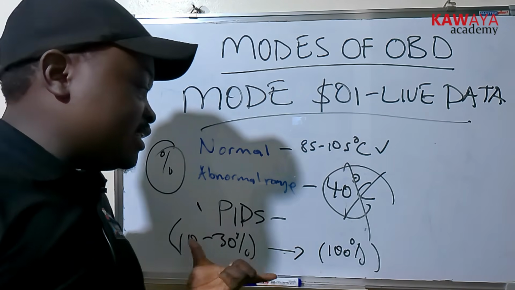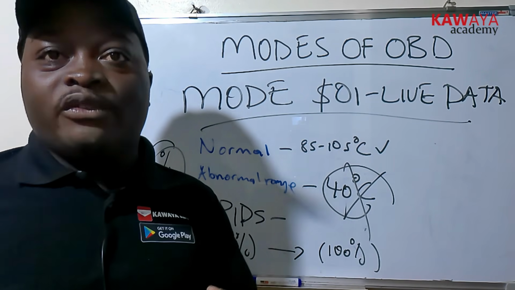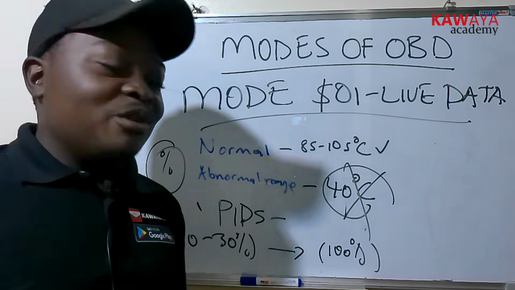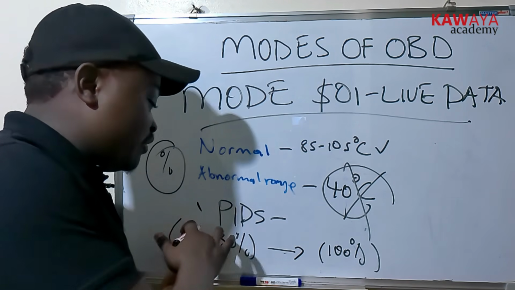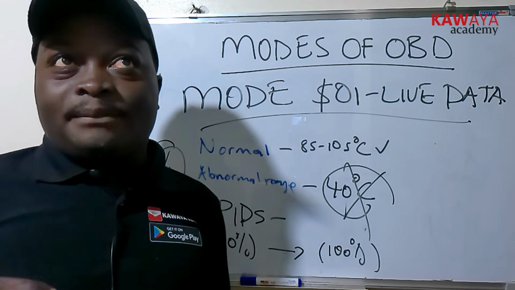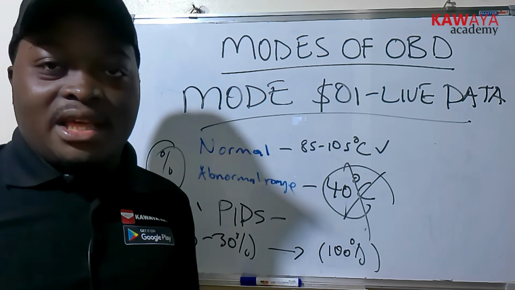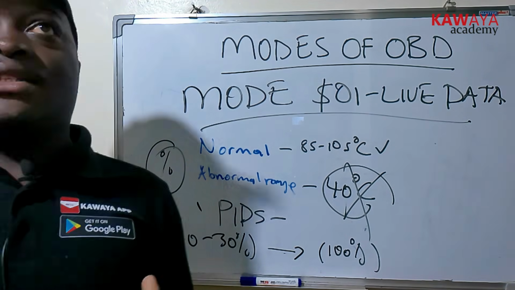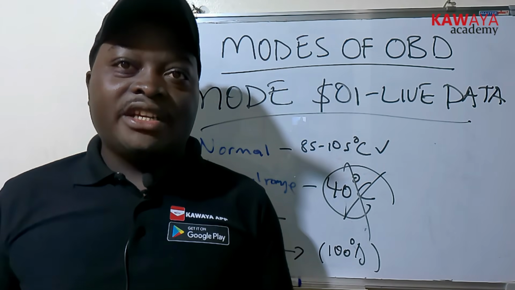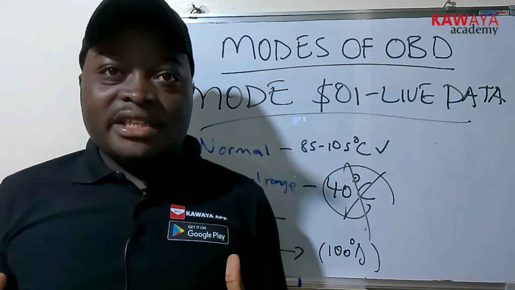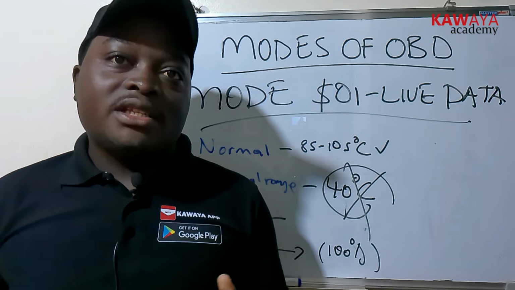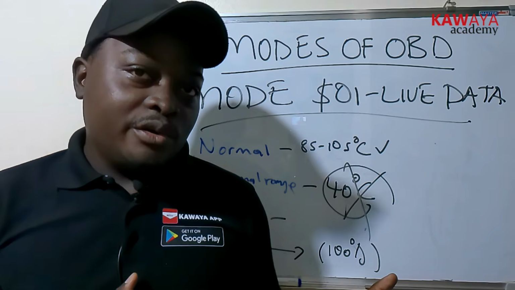So all this is monitoring, meaning if you're giving 100% throttle and you're observing an engine load of 10, 20, that means there's something wrong. This is how live data helps in OBD for us to monitor different key parameters and rule out what is wrong and what is not.